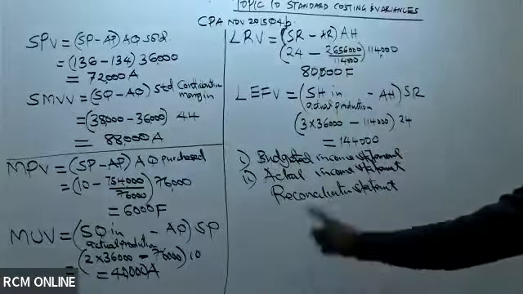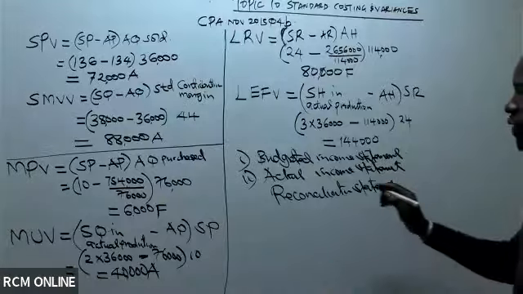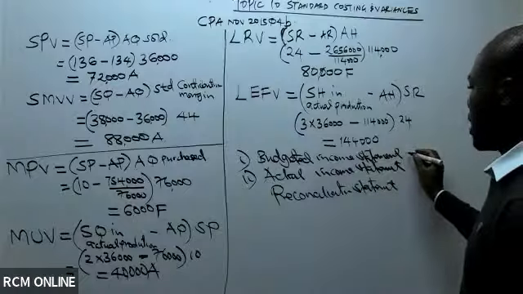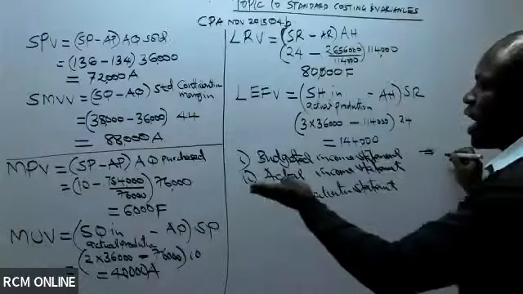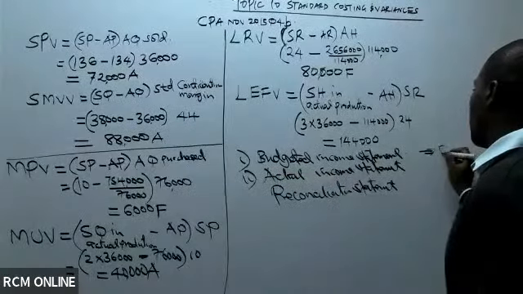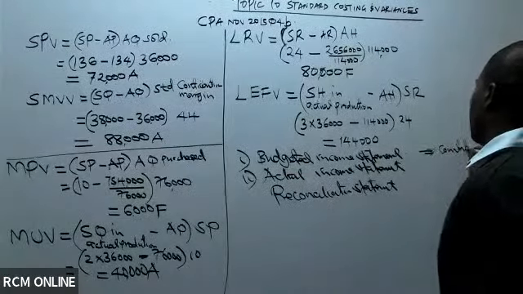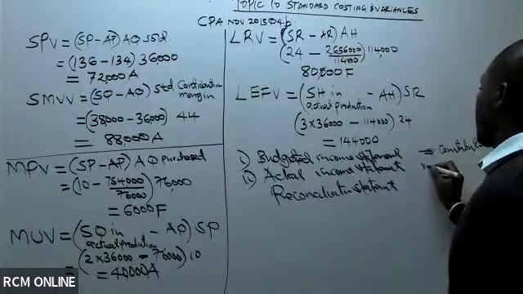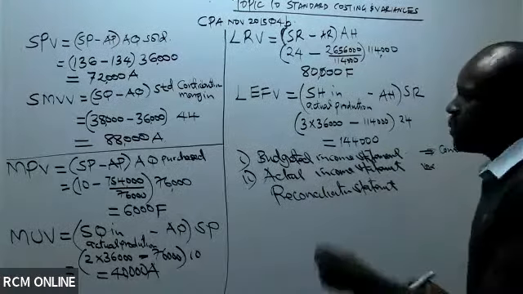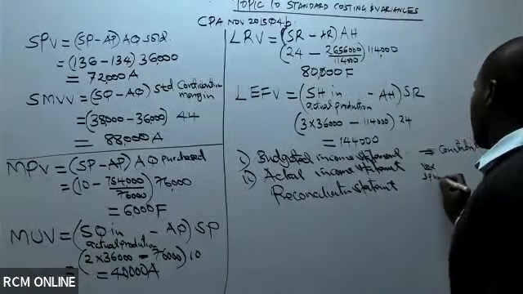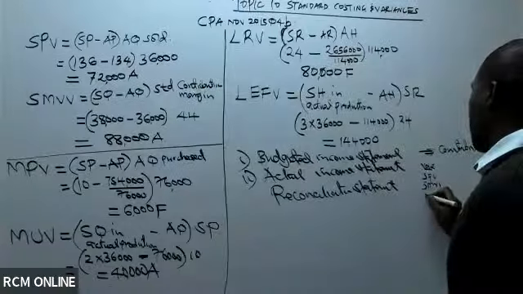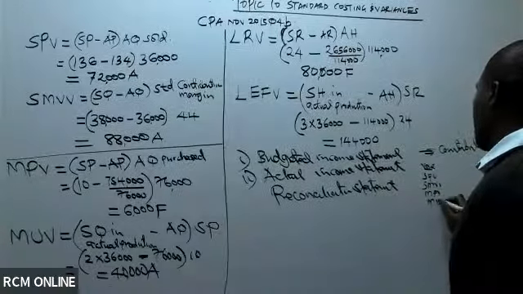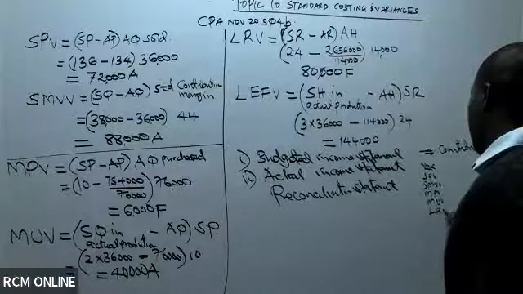Now, we did it actually in the other question. First of all, we got our budgeted. So in this case, we have up to contributions. We have budgeted contribution, right? Then to this budgeted contribution, you need to adjust the variances. So under variances, you give us selling price variance, sales margin volume variance, material price variance, material usage variance, labor rate variance, labor efficiency variance.